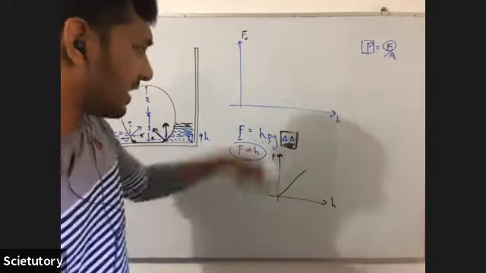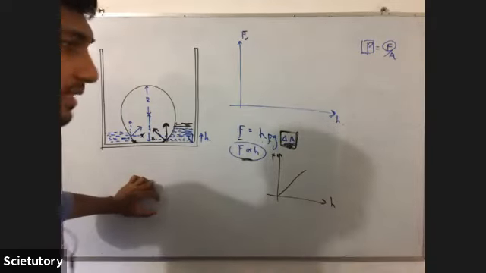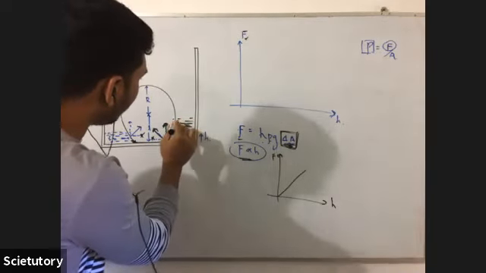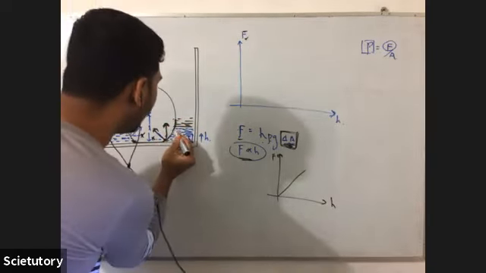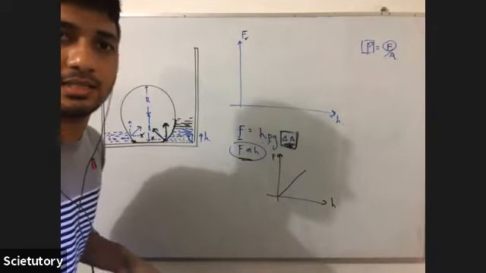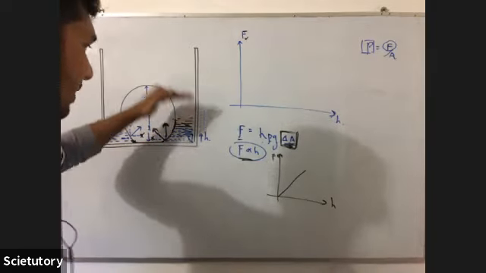So is it the only surface that is available for force to act? No, there are several, there is a plenty of surface. When you increase the height, there are new surfaces that get wet. You understand? New surfaces are getting wet when you increase this.